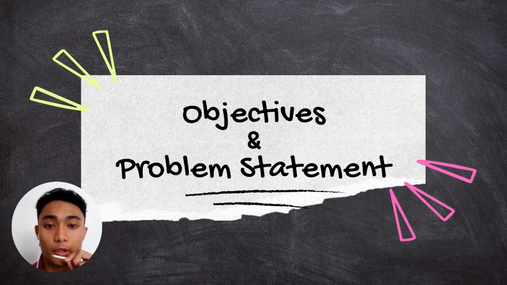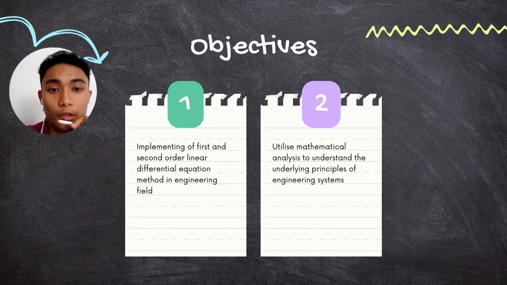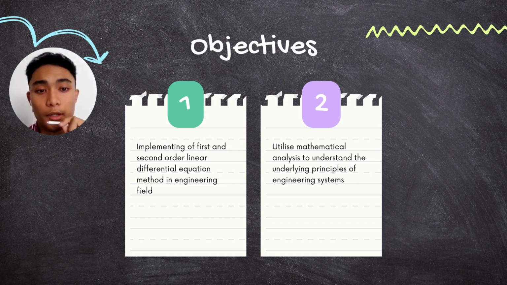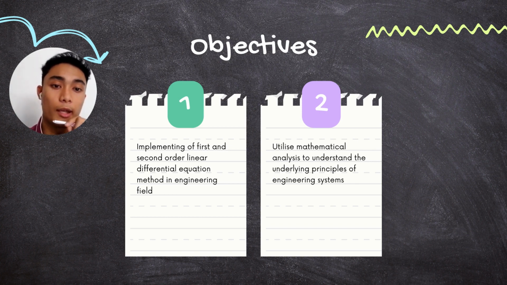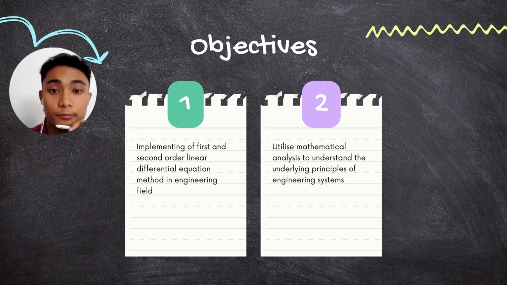Then for the next page, we are going to the objective and the problem statement for this project. The objectives of this project are, first, implementing first and second order linear differential equation methods in the engineering field. The second is to utilize mathematical analysis to understand the underlying principles of engineering systems.